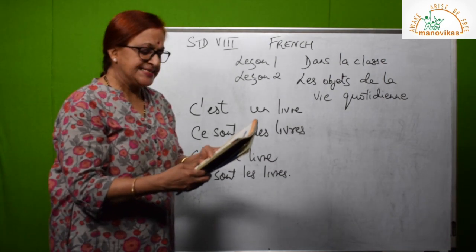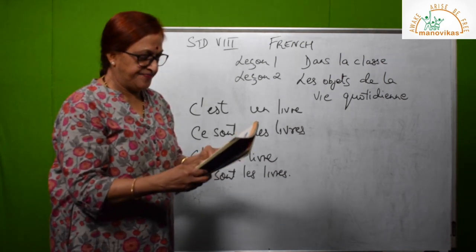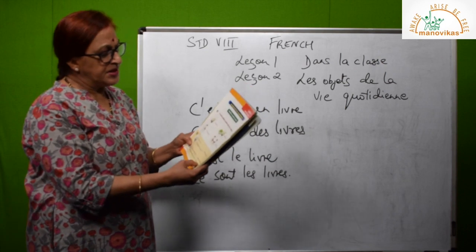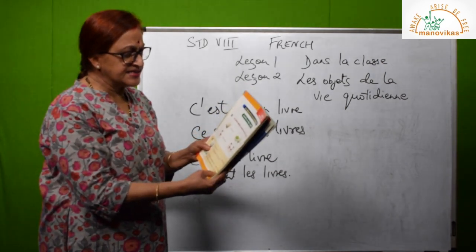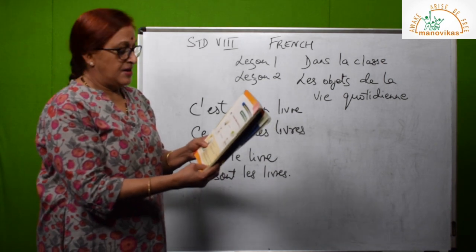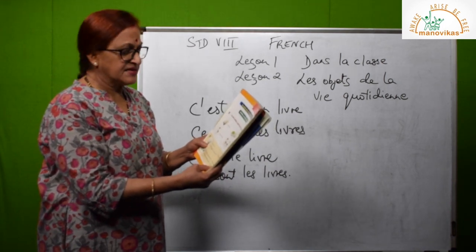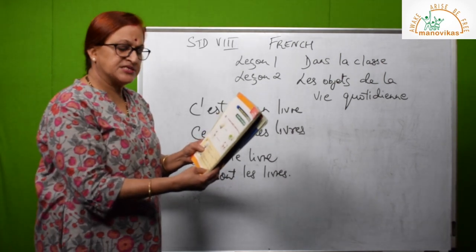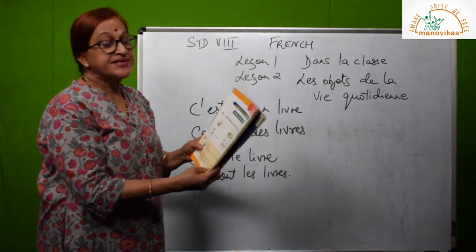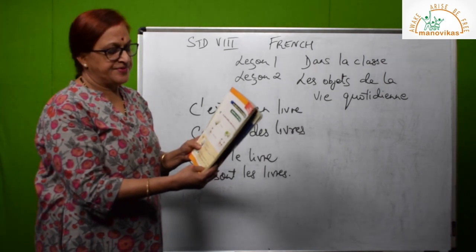Une chaise, des chaises. Now, down below we see a question. Est-ce un livre? Is it a book? Or, est-ce que c'est un livre? Is it a book? Both ways it means, is it a book? And the answer is oui, c'est un livre.